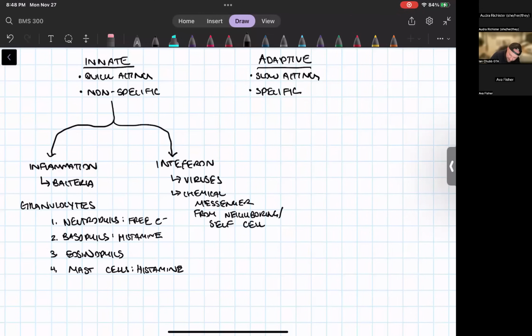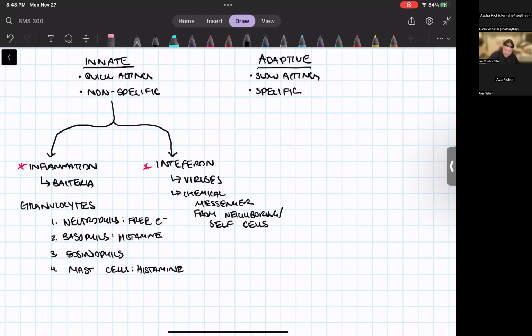So cells can do this themselves if they're infected. So if you have COVID and one of your lung epithelium gets infected, it can release interferon to tell the cells next to it, hey, I'm infected with this virus. You should try to not get infected by the virus. So I want you to do all these things to have somewhat of a quick response to a virus. But these will be the two important ones when we talk about innate.